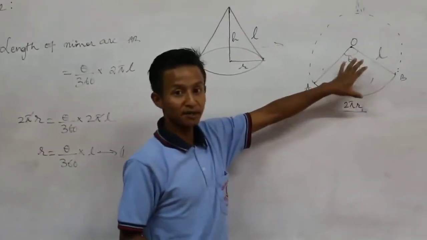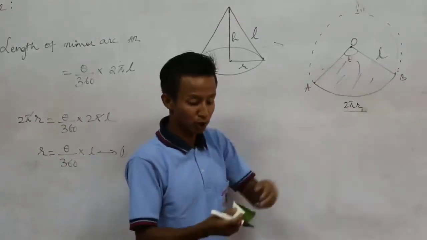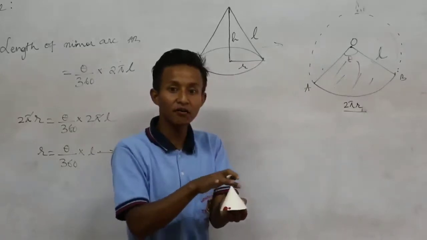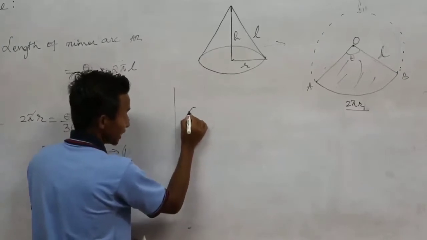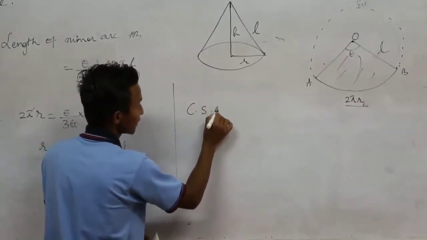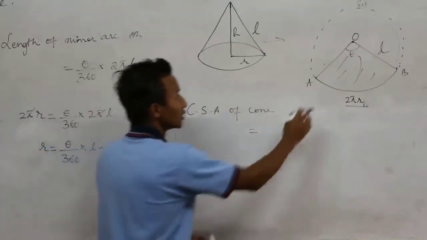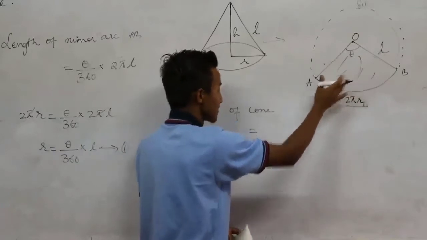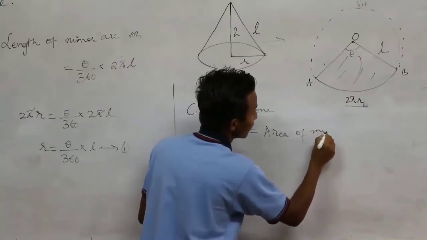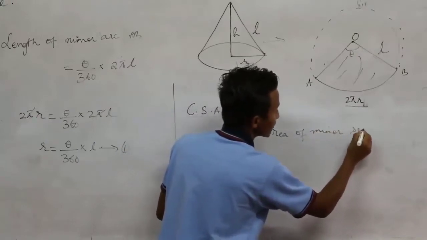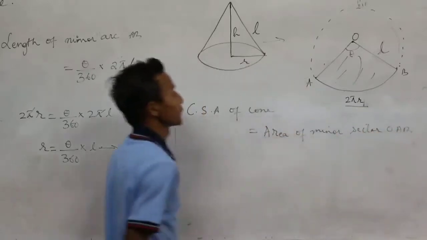So this is a minor sector, and this area is equal to the curved surface area of this cone. So here, let me write in short, the curved surface area of cone is equal to the area of this minor sector OAB.